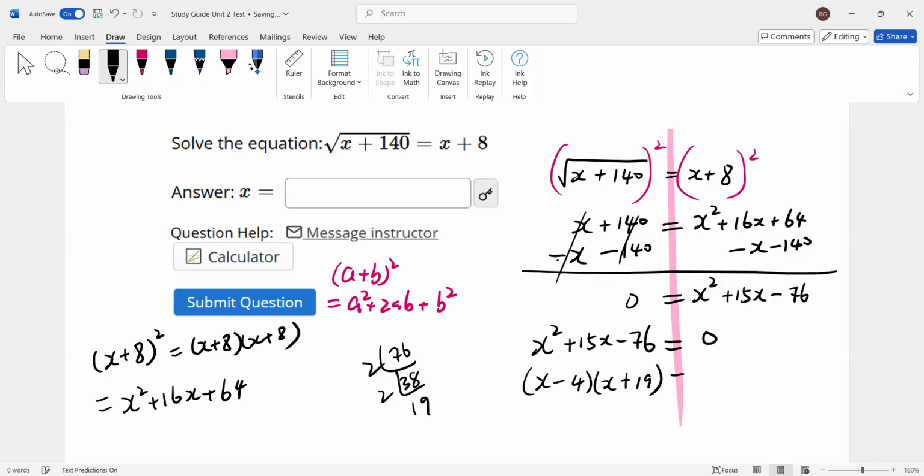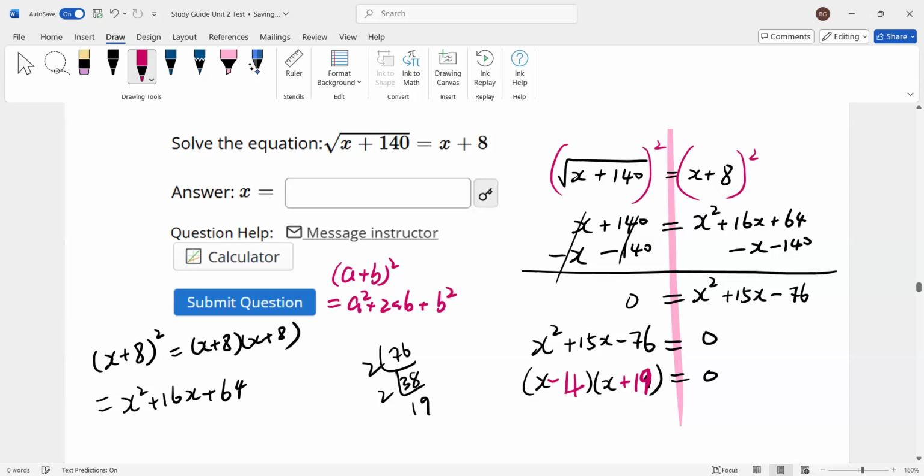So we factor the left side. We got x minus 4 times x plus 19.